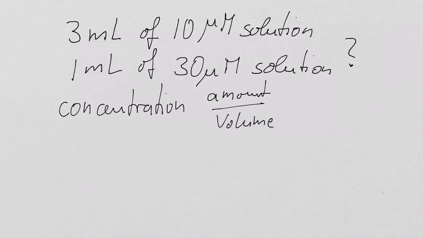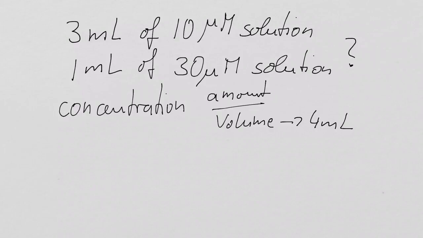Do we now know what our volume is? What's the volume? 4. Why? I mix 3 milliliters plus 1 milliliter. So the volume is 4 milliliter. Yeah? Make sense? So we have our volume.